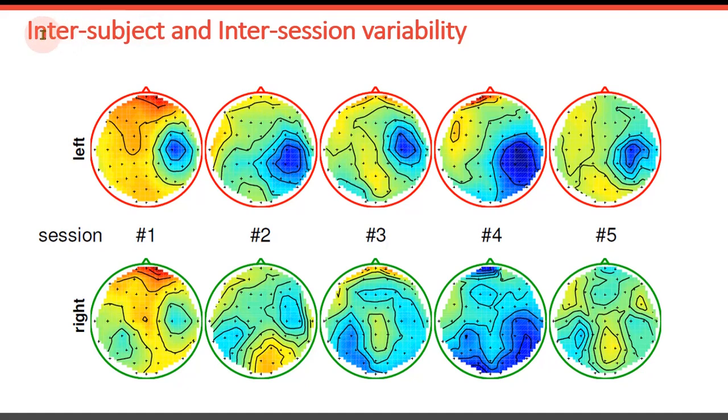Intersubject variability means that the data generated by your brain is different from mine. If you take 10 students and acquire data from all of them using the same left and right hand imagination protocol, the data will be very subject specific. EEG data is not as different as fingerprints, if I want to give an analogy, but it is very different. Your data is different from mine.